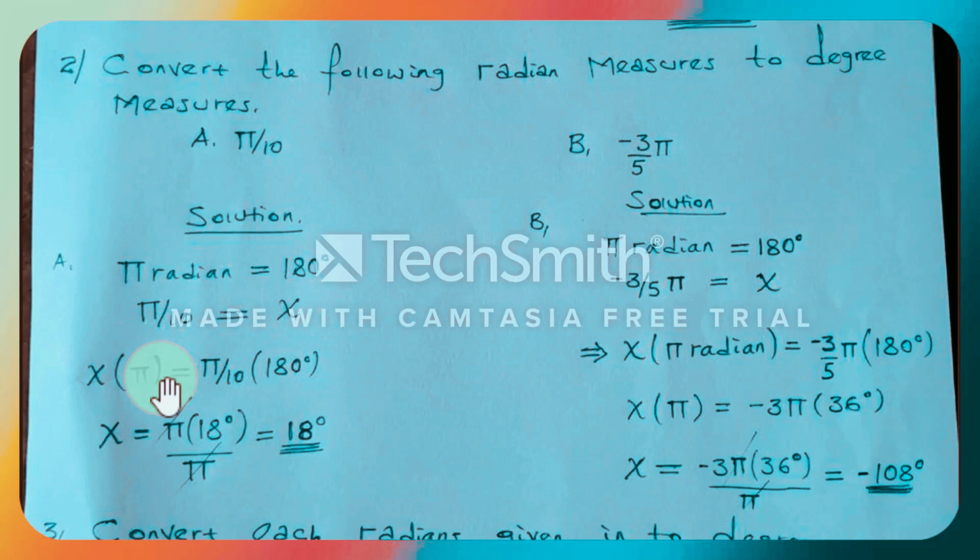x times pi radian is equal to 180 degree times pi/10. Therefore, x will be, when you divide both sides of this equation by pi, 0 is cancelled by 0. What remains? 18 degree. Therefore, x is equal to pi into 18 degree over pi. Then pi is cancelled by pi.